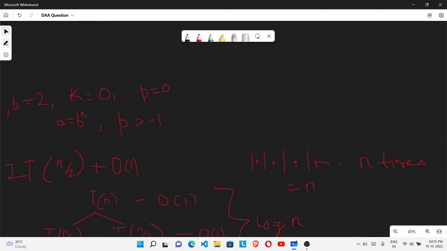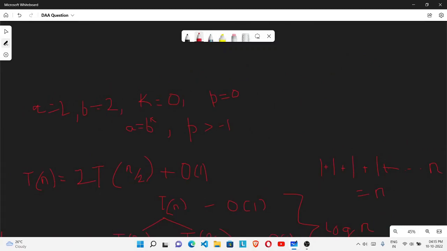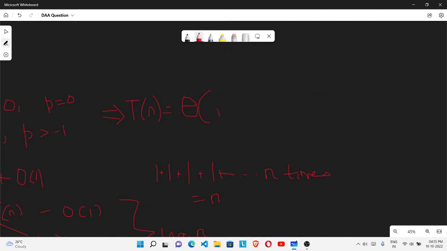So for this, the time complexity T(n) becomes theta of n raised to log a base b into log to the power p plus 1 of n, which is theta of n.